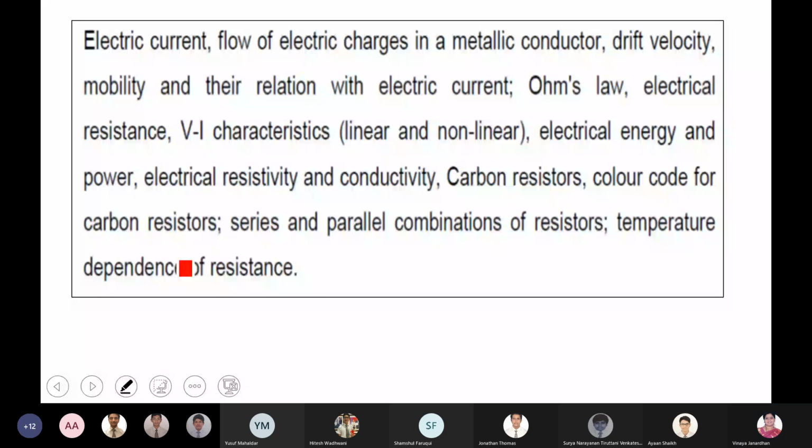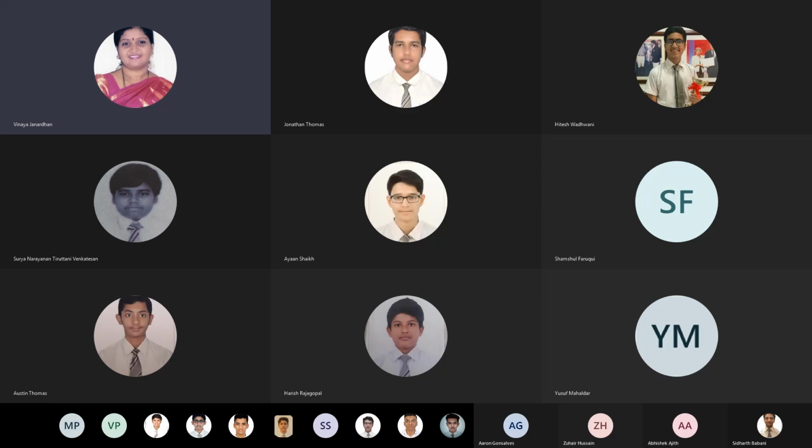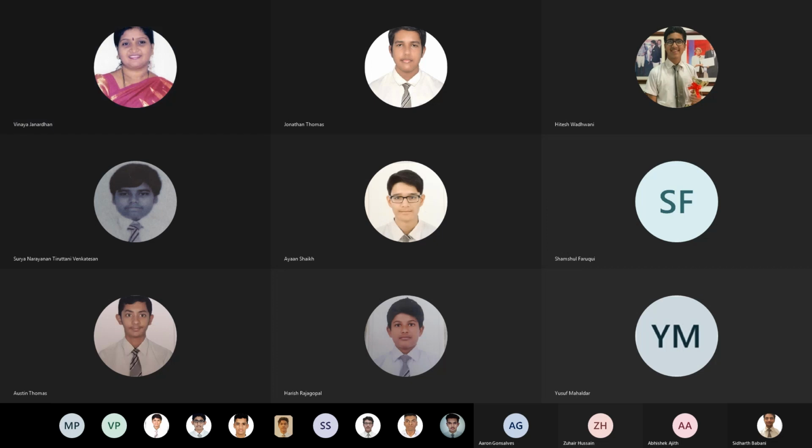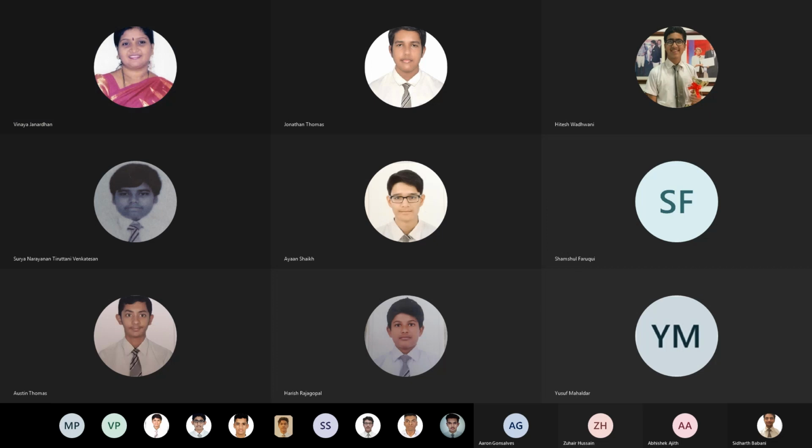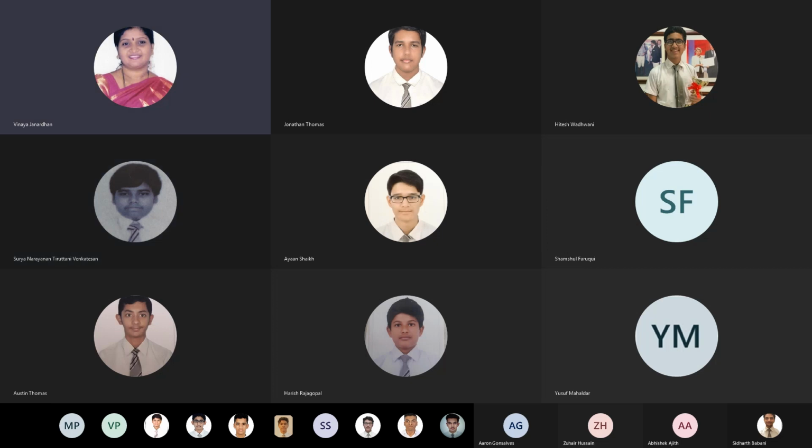Shall we move on with meter bridge? I started with meter bridge, because I think the students who have come for the practical session would have done the experiment, they would have understood it better. Did we start with meter bridge circuit diagram? Yes, ma'am. I'll redo it.